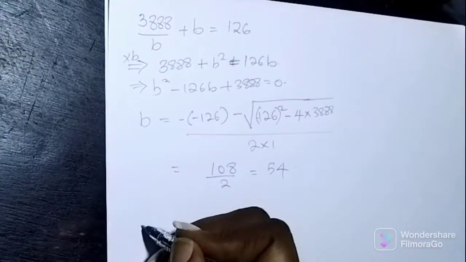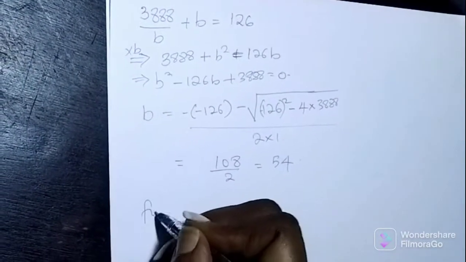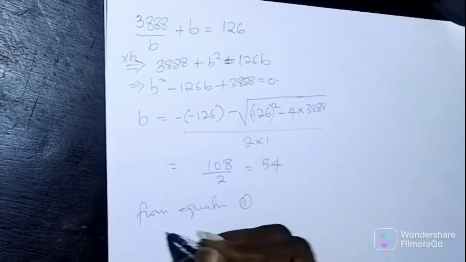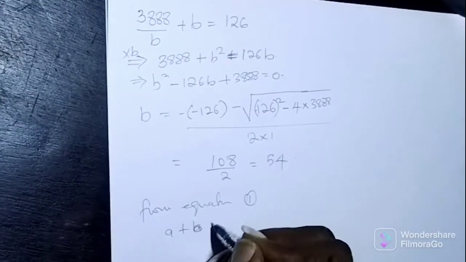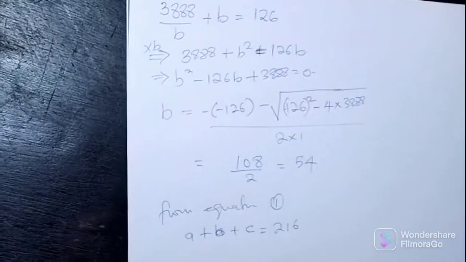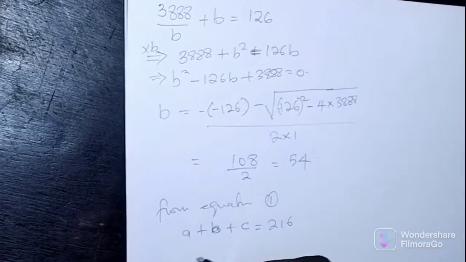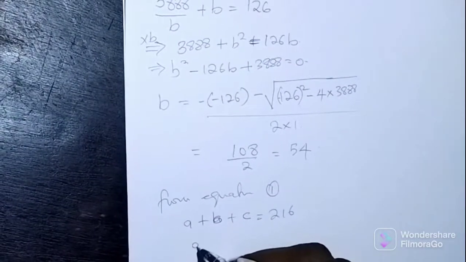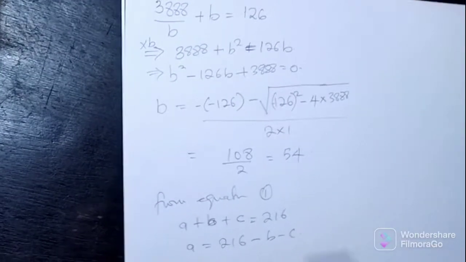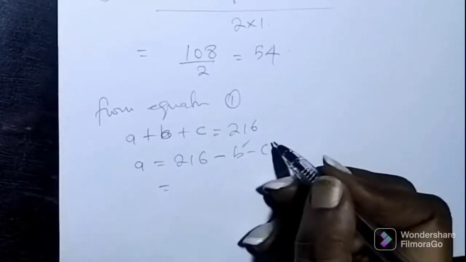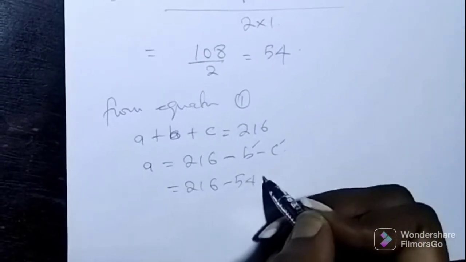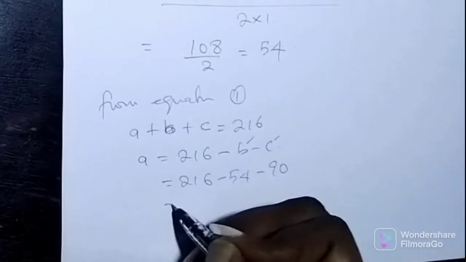So it's so beautiful because if we go from equation 1, remember it's A plus B plus C equal to 216. That's equation 1. So if we substitute all the values, first of all, we could also make A the subject of the formula, which is 216 minus B minus C. So we substitute the values of B we got and C that we got, which is 216 minus B, 54, minus C, 90.